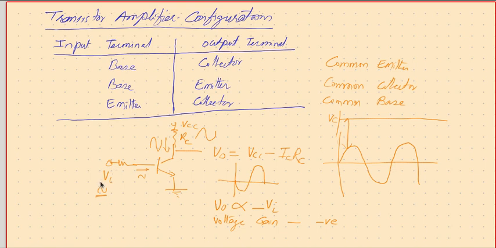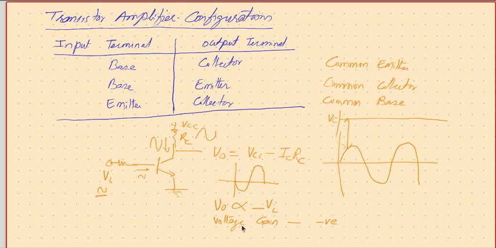What happened? A small change here can produce a small change here. A small change here will produce a large change here. A large change here will produce a further large change here because it is multiplied with RC. Whatever change in IC you find times RC, you get across RC, and therefore you get this large change in voltage.